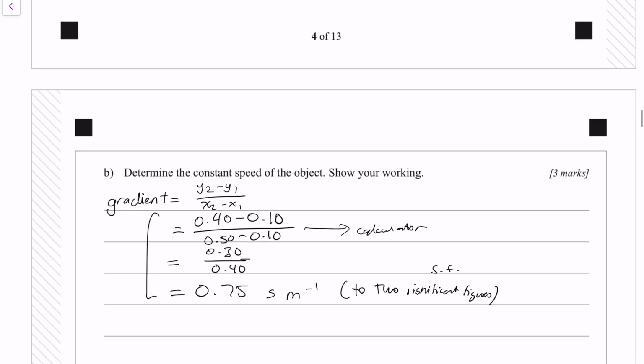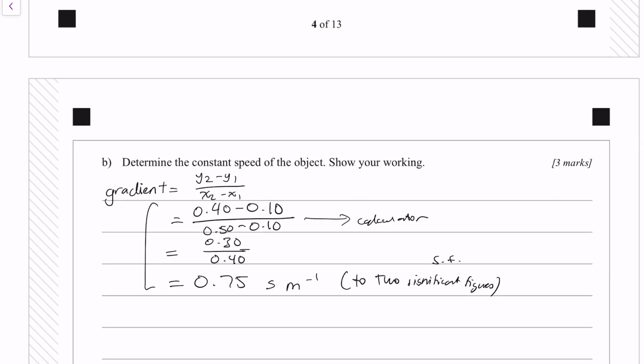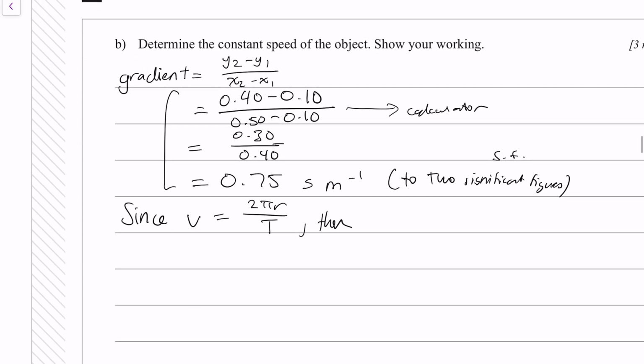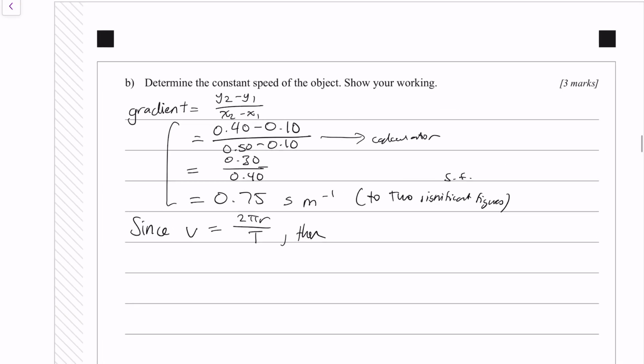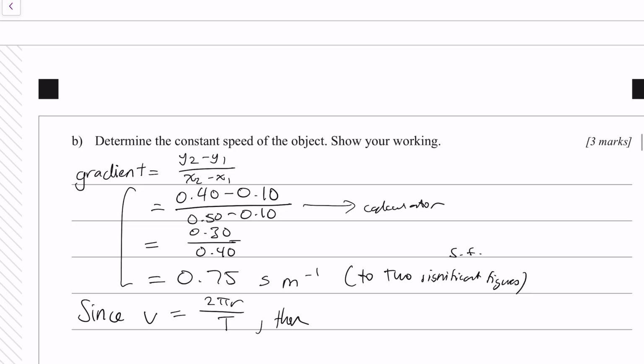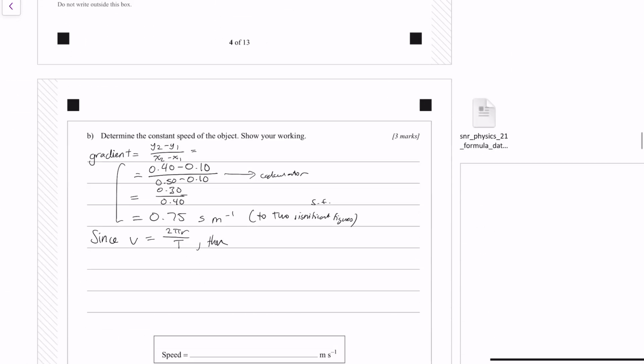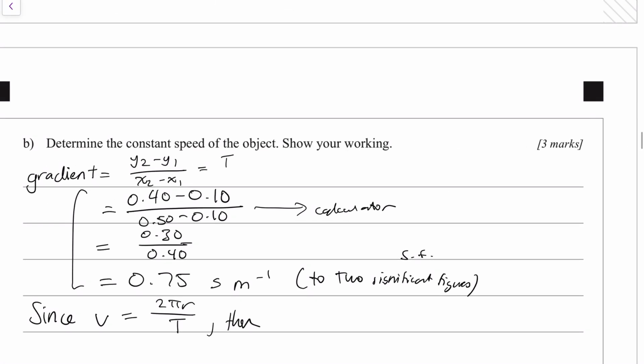So what I do now is I say, since v equals 2 pi r over capital T, then I can rearrange the formula to get my gradient. Remember, my gradient is period, so y over x, changing y over changing x.